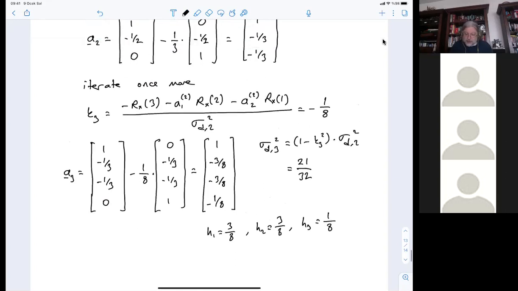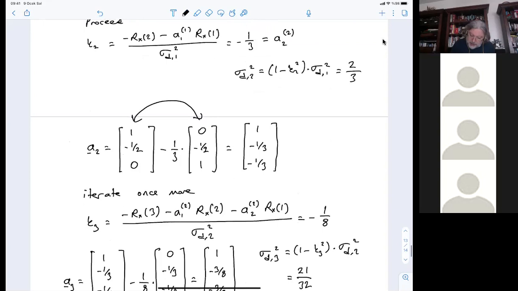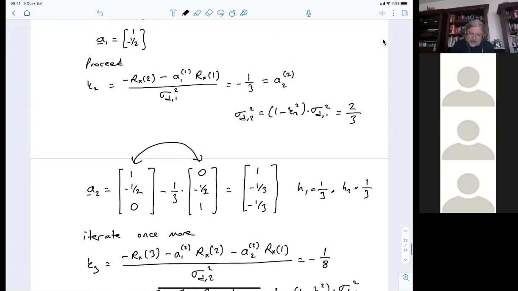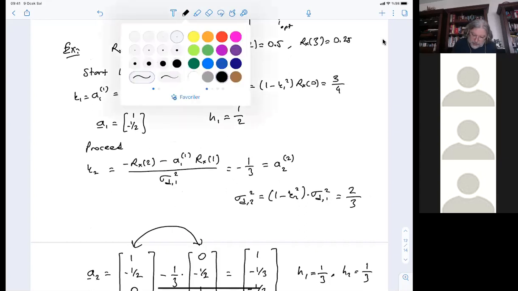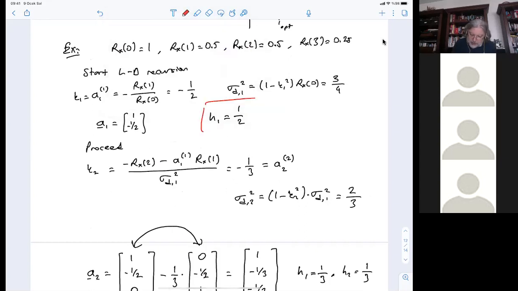Look how they progressed. In the previous case, it was H1 is equal to 1 over 3, and H2 is equal to 1 over 3. In the first step, it was H1 is equal to 1 over 2. So let's put them into boxes.